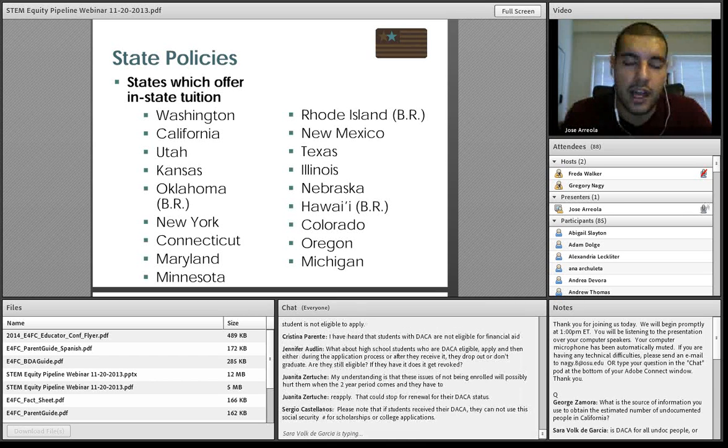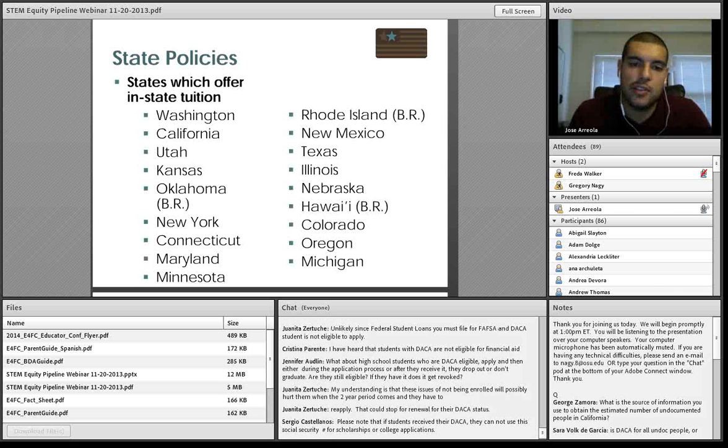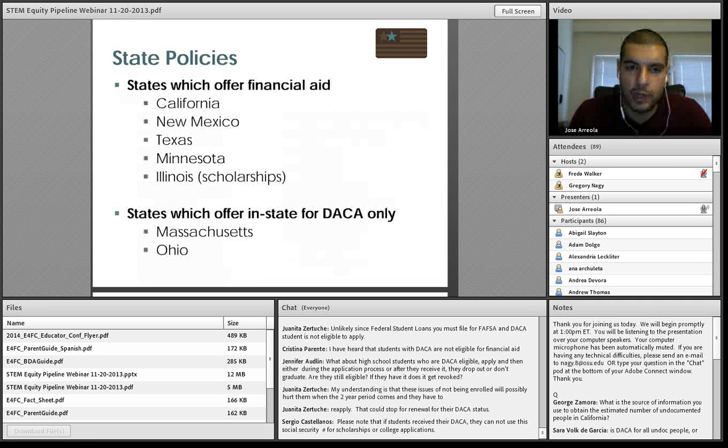And right now, I believe New Jersey is trying to pass an in-state tuition bill as well. So our hopes go out to the folks in New Jersey, and hopefully New Jersey will be able to join that. We have 2 other states that offer in-state tuition to DACA beneficiaries only, so it's not all the way, but it certainly is more than they had before, so Massachusetts and Ohio, and we certainly applaud them.